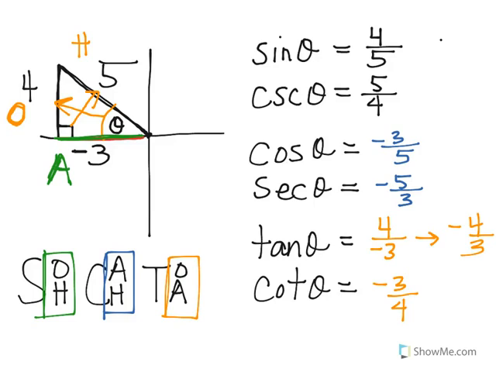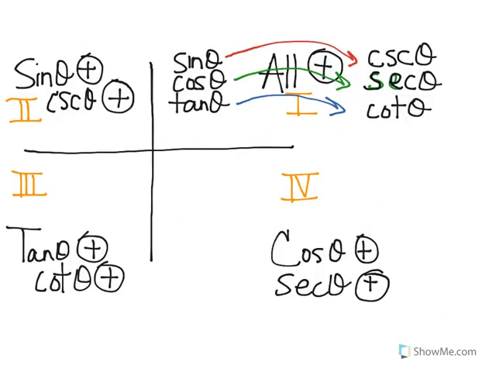The last thing that I want you to notice is that our knowledge of All-Star Trig class can really help us to make sure that our answers are accurate. I'm going to erase some of these letters that I don't want you to look at right now. I'm going to flip back for a moment just so you can see.